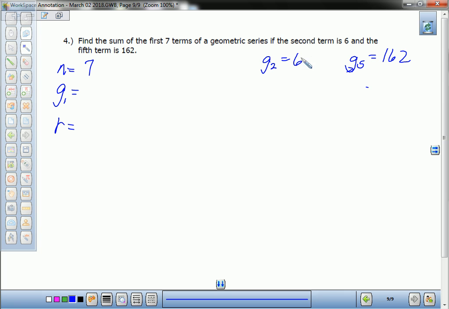So, when I go from the second term to the fifth term, I have to multiply by 3 common ratios, don't I? To go from the second to the fifth, I'd have to take that 6 and multiply by 3 common ratios. R times R times R. Do it 3 times. So if I take 6 times the 3 common ratios, that should get me to 162.